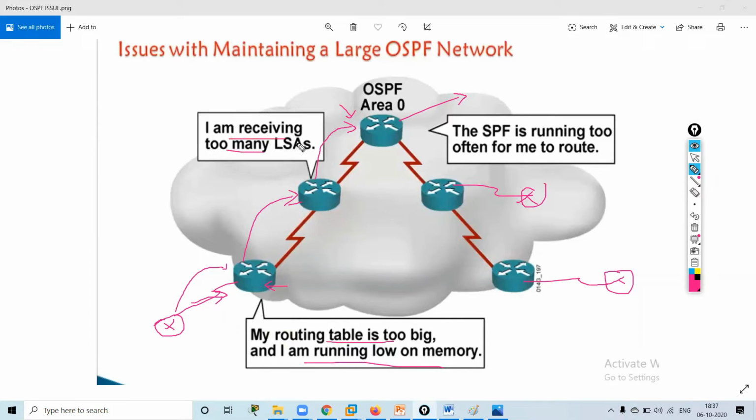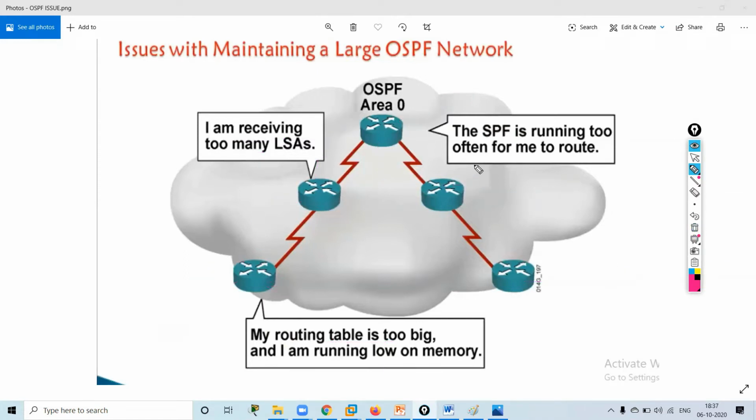We will see what LSAs are. This router is also sending updates, and the down router is also sending updates. So I'm receiving too many LSAs, and this router will say again and again I have to select the best path, I have to run the SPF algorithm. So to overcome this problem, we came up with something known as area.